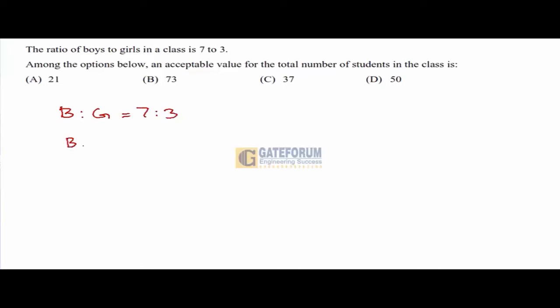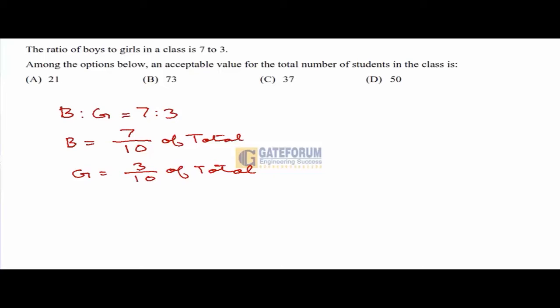Hence, naturally in terms of the simple ratio fundamentals, I can say boys will be 7/10 of the total, whereas girls would be 3/10 of the total. Now, boys and girls are such entities which cannot be fractionalized. You can't say there's half a boy or 1/3 of a girl, right?